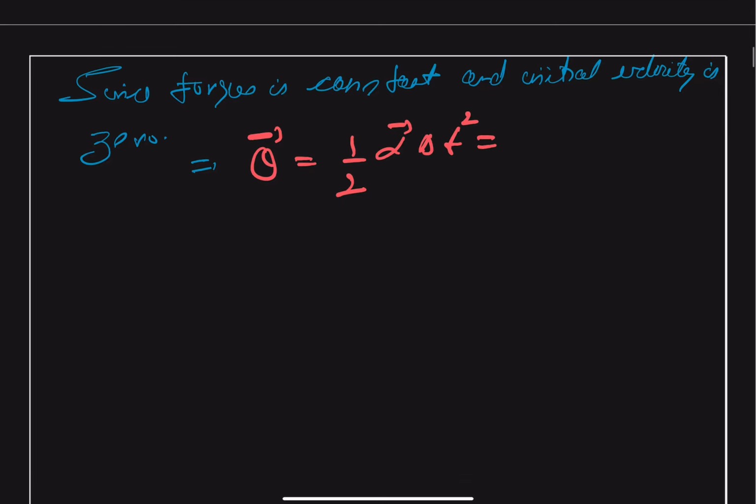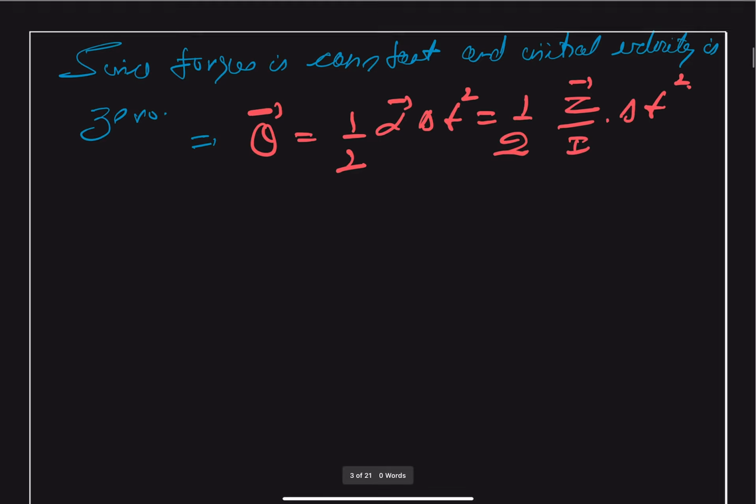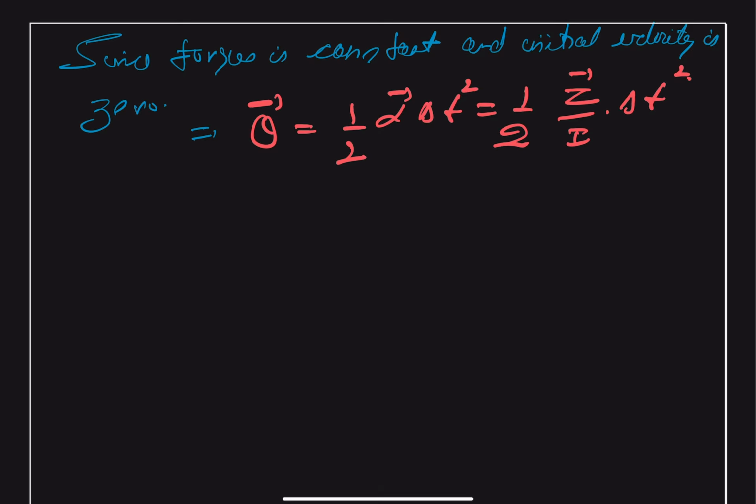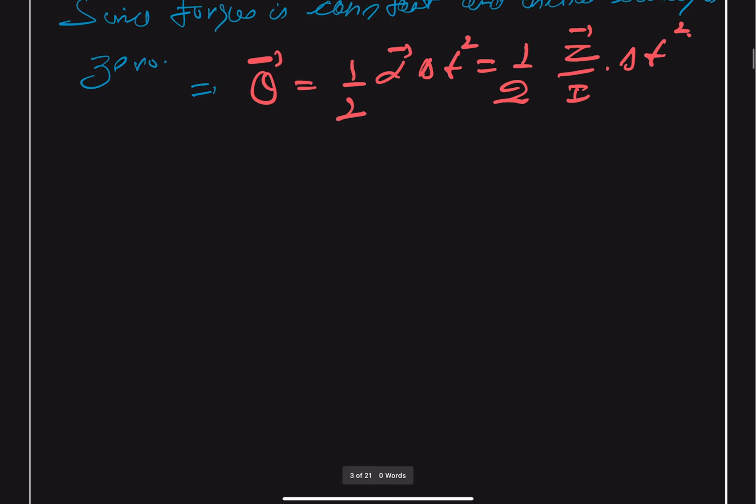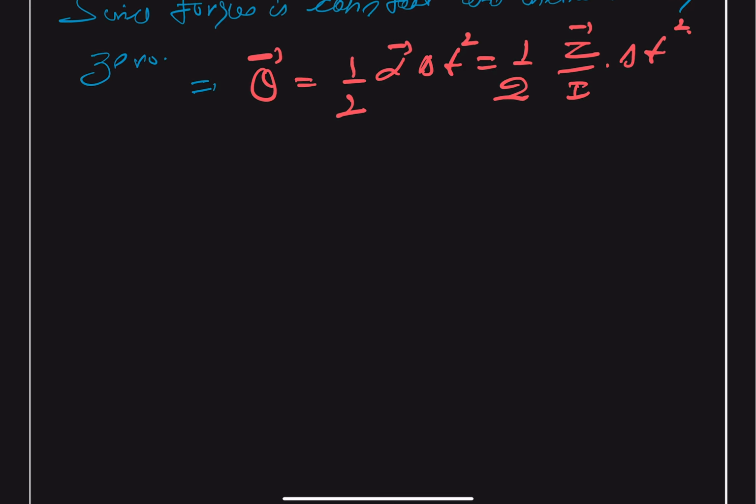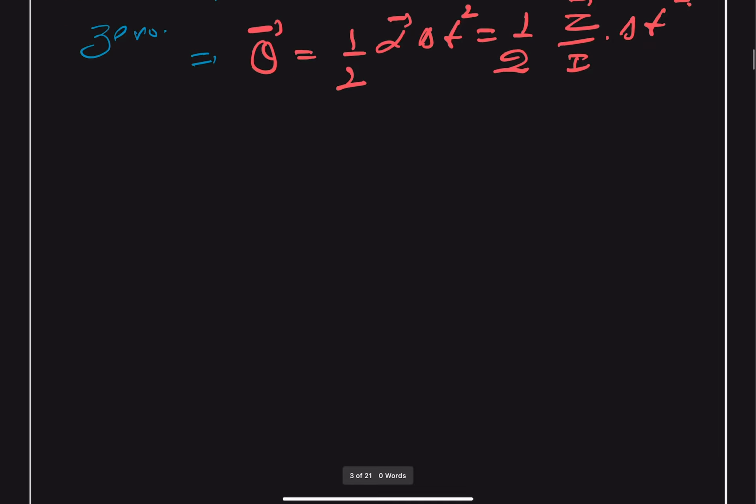We substitute the value of alpha, we get this as half tau divided by moment of inertia multiplied by delta t square. And we substitute the value of tau as well as moment of inertia. Moment of inertia I is given to us, tau we just found out.